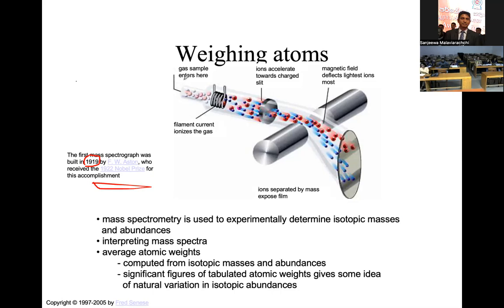What is happening is the gas sample enters here at first, and there are different mechanisms. This is one of those mechanisms, where a filament is used to ionize the sample or gas. In the previous case, we used an electron beam or ion beam.